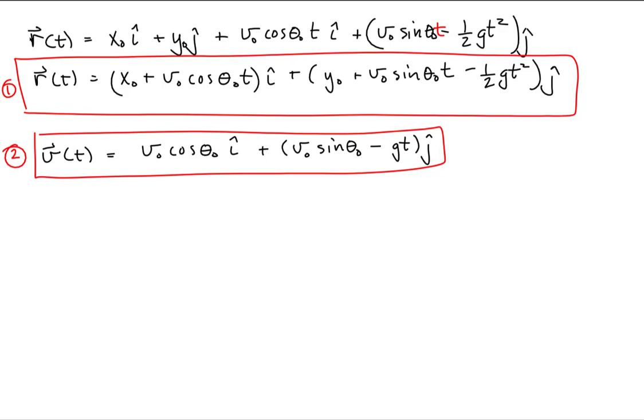And if the force of gravity is constant in a uniform gravitational field, such as we can model when we're close to Earth's surface, then these two functions can be used to predict the motion of that object.